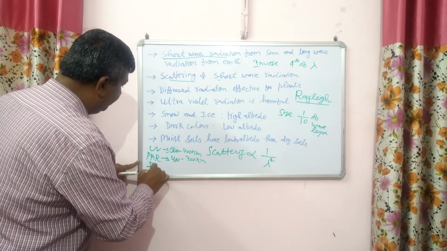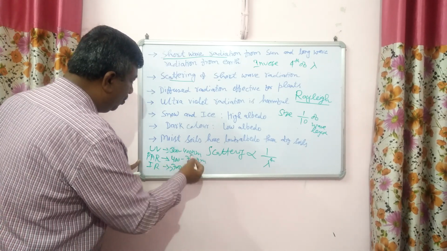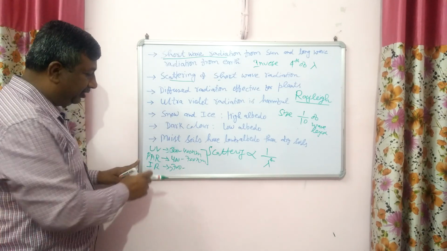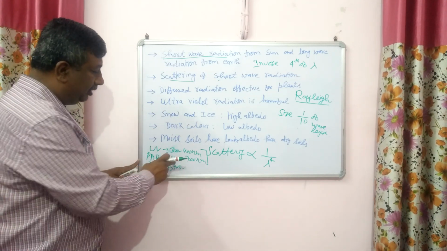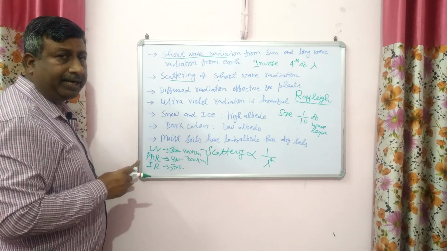And infrared is about more than 700 to 4000 nanometer. So ultraviolet and PAR are the short wave radiation, and infrared is long wave radiation. So it means there is more scattering of ultraviolet and PAR.